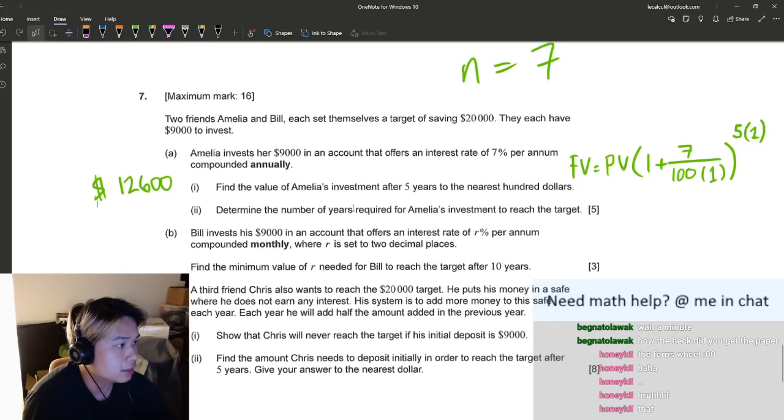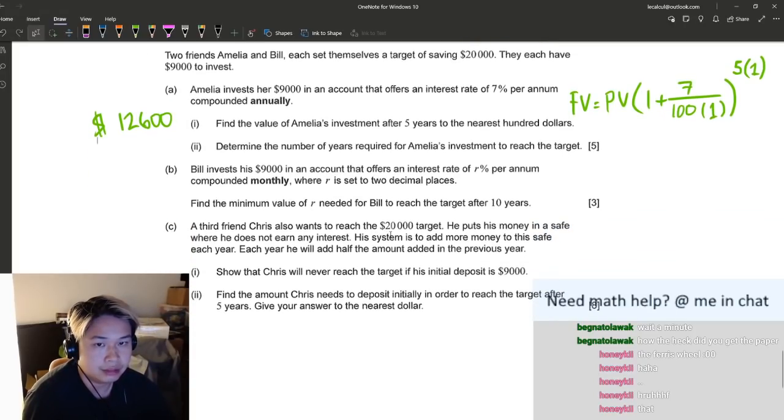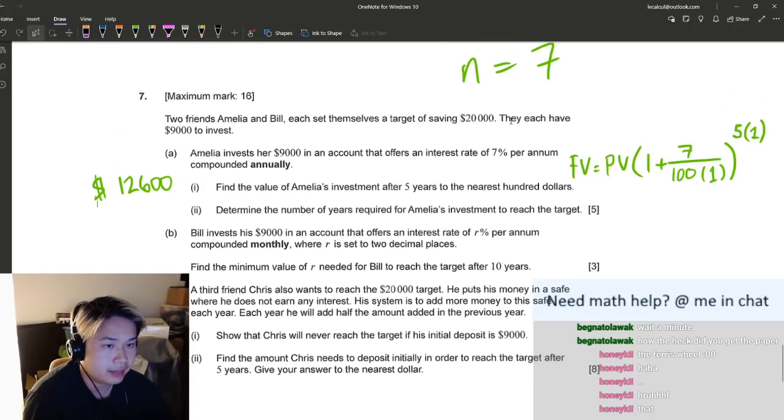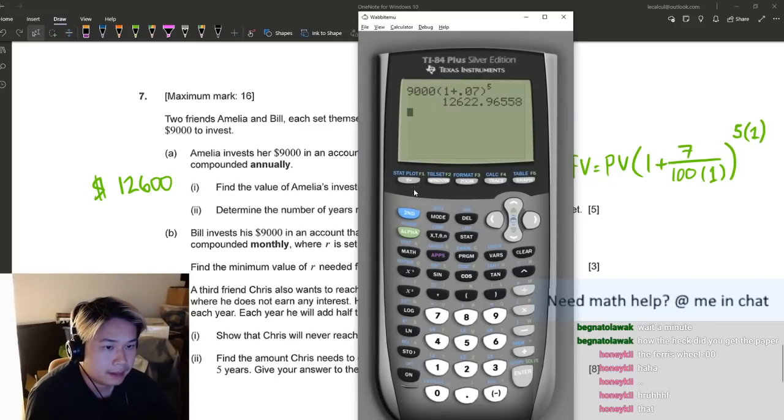Determine the number of years required for her to reach her target. So now we want to find out when she will have $20,000. How many years it's going to take. Okay. So what I'm going to do is I'm going to go to our handy dandy graph.